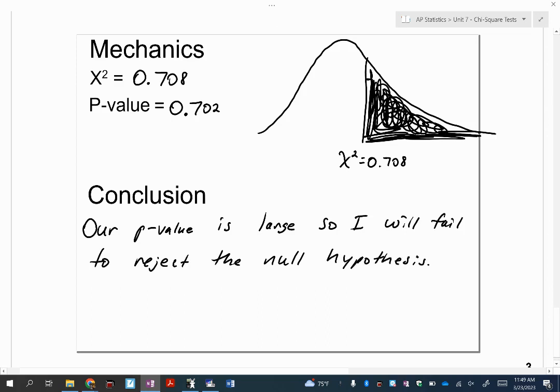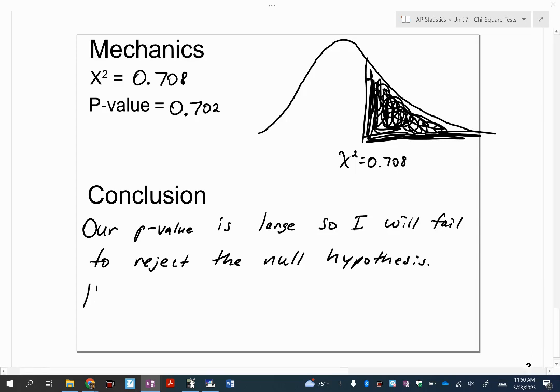If I'm failing to reject the null hypothesis, my best idea right now is, what's the relationship between your dominant hand and your eye color? None. They're independent of each other. So whether you're right-handed or left-handed tells me nothing about what your eye color is. What your eye color is tells me nothing about your dominant hand.